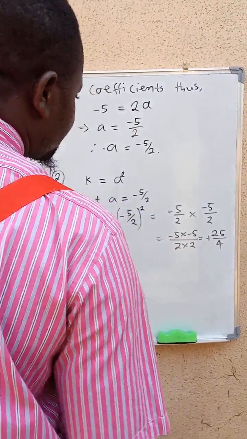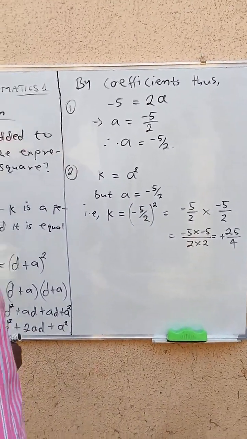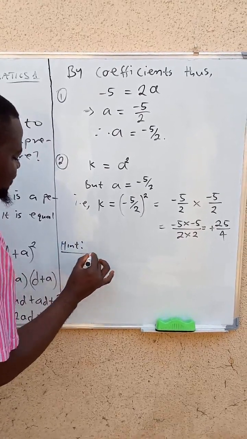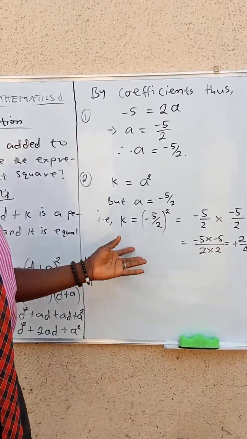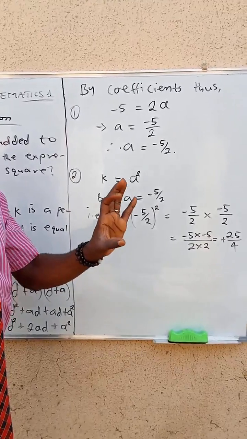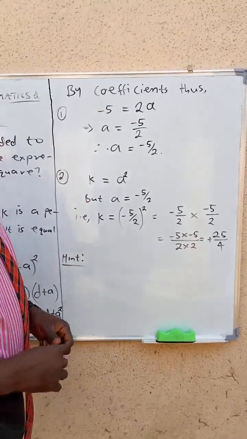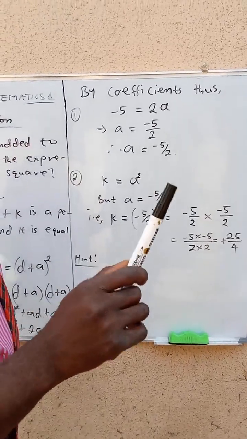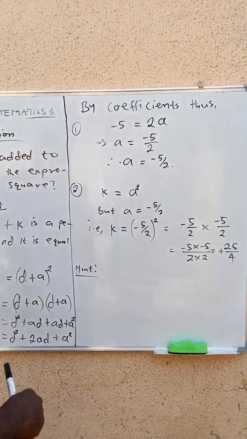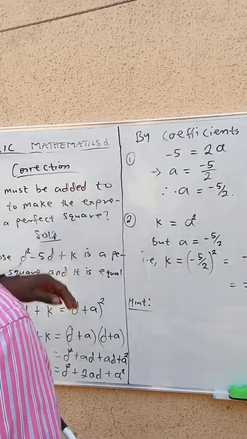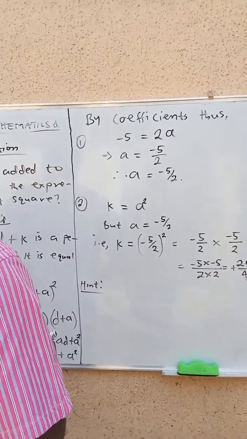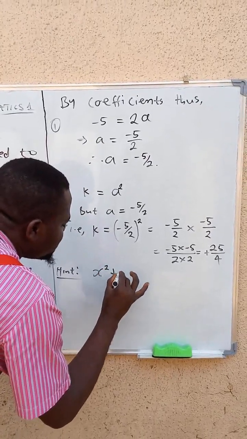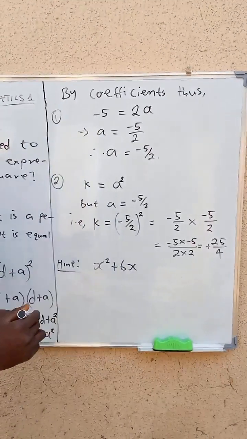So let me give a secret here. In my teaching, even during my tutorial, I always give the secret and the shortcut. Mr. Hillary can attest to that, in building technology, when I was teaching differential equation. Now, if you are given such a thing in an exam, they say maybe what must be added to x squared, for example, plus 6x to make it a perfect square.